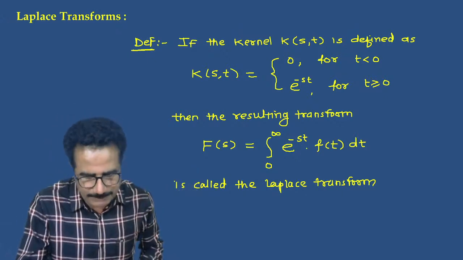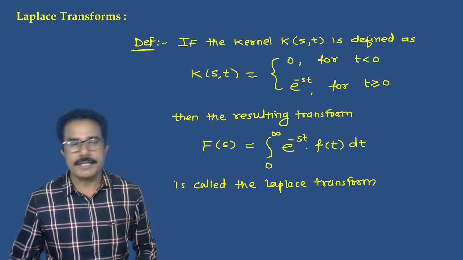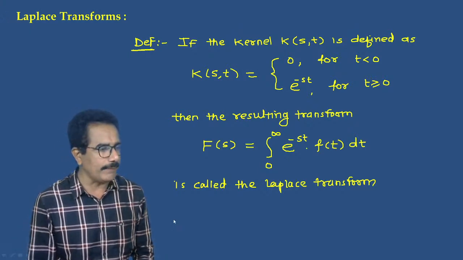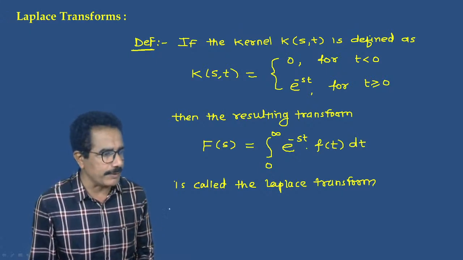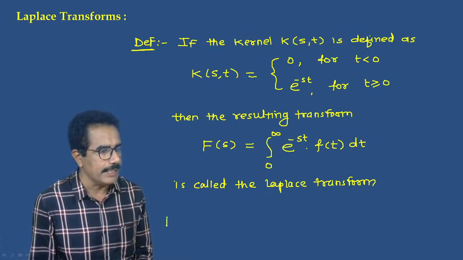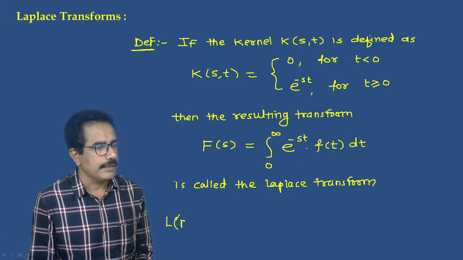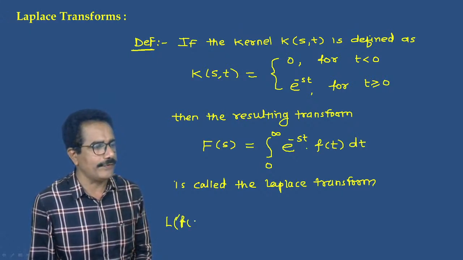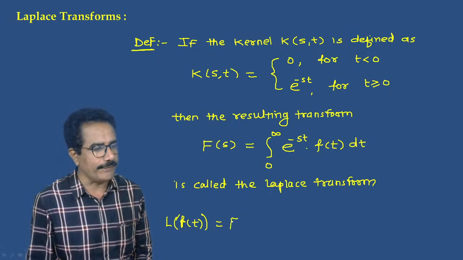We can write this Laplace transformation in a convenient form using p also: L of f of t is equal to capital F of p.